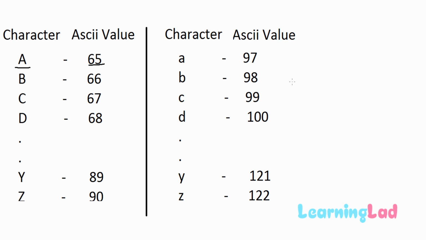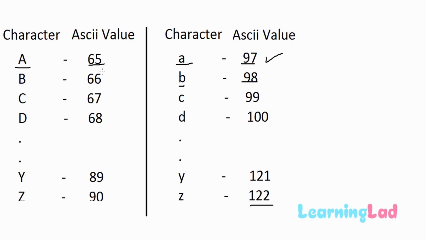And if you're going to talk about the lowercase characters, then the ASCII value for this small a is 97, small b is 98, and then it continues in order, and the last value, which is the lowercase z, has the ASCII value 122. Now here the ASCII values between 91 to 96 are used for some other special characters.